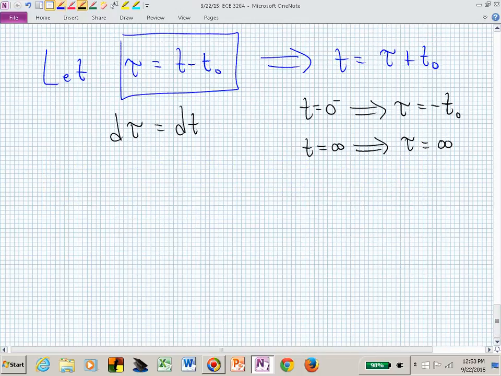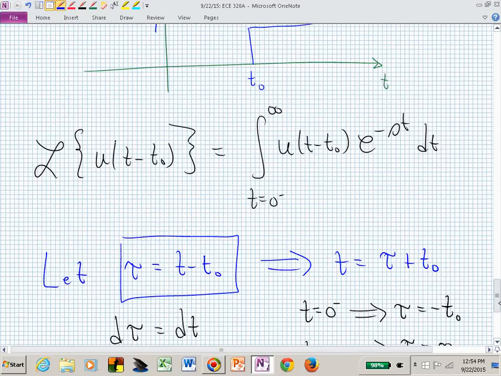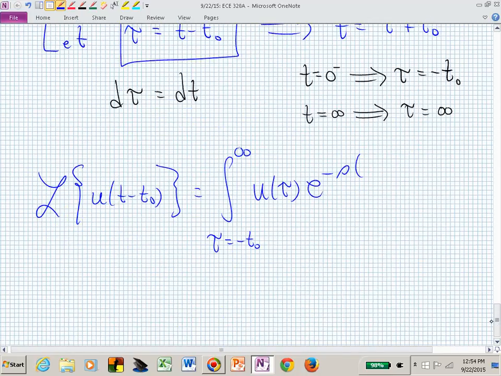We can now rewrite our Laplace of our delayed unit step. That's now this integral from minus t naught up to infinity, u of tau e to the minus s, and now we are replacing t with tau plus t naught, and dt was the same as d tau.